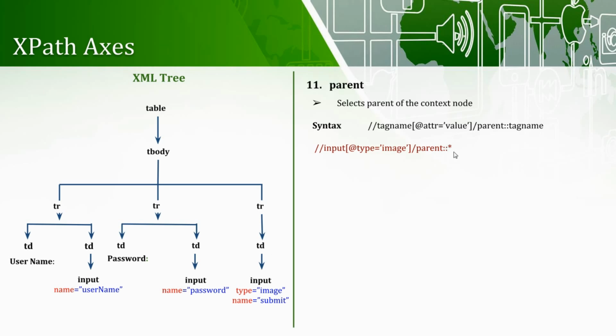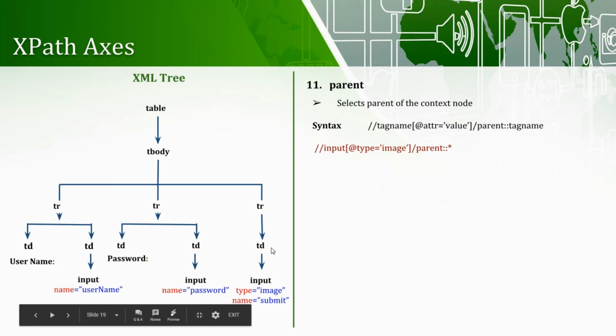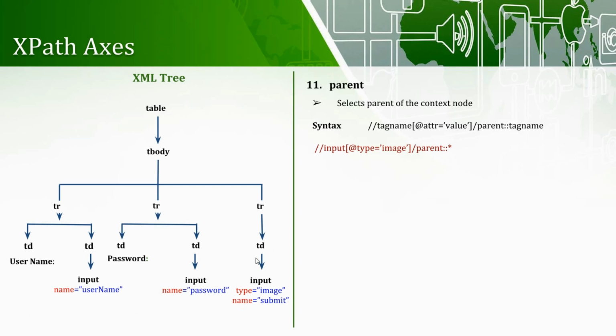When I specify TR, it is going to select the parent whose tag is TR. Since the parent of input is TD, that XPath will give no matches because there is no parent of input as TR. Since I have written asterisk, I get the parent which matches any condition. So the output is TD.